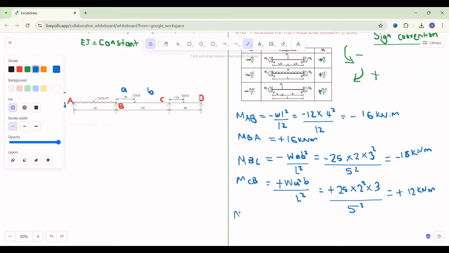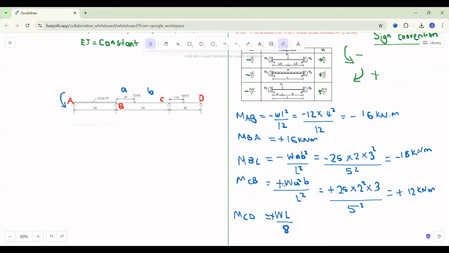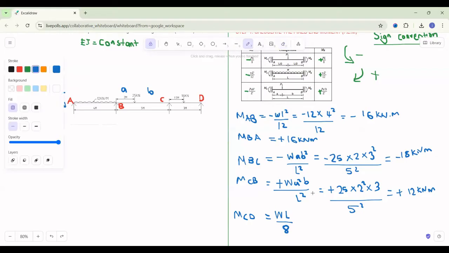So MCD, you will use this formula right here, WL over 8. This point load is at the middle, that is why we are using this formula. Sorry, the sign convention that I'm using is anti-clockwise moment negative, so it will be negative like that.